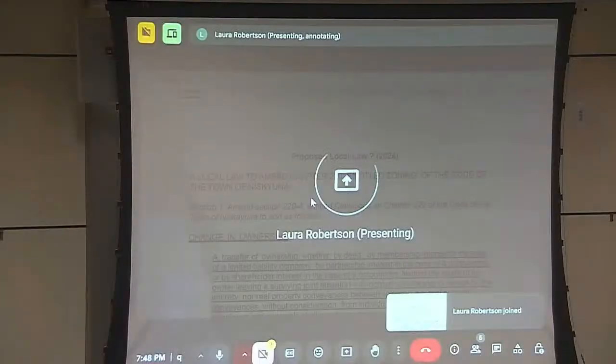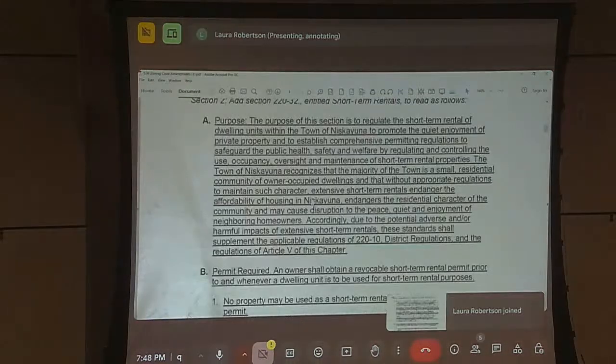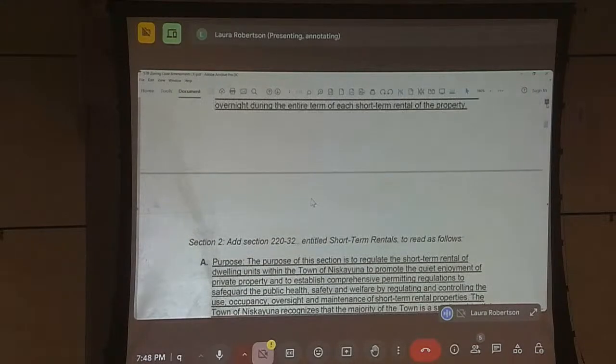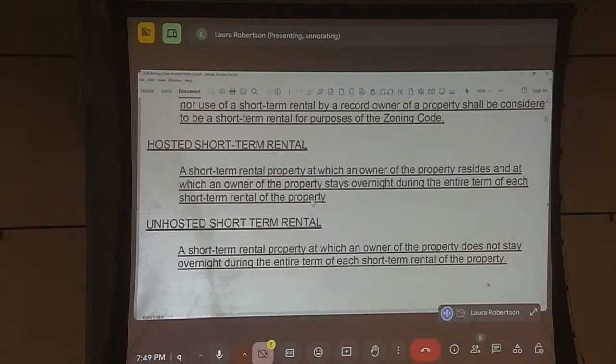And then there was a second option, the unhosted rental option, and that was restricted to mixed areas, let's say RP, which is residential professional, or CN, commercial residential areas, because unhosted could be more of a commercial property or a business. And I know that this board was very concerned about the impact of the short-term rentals in the neighborhood.